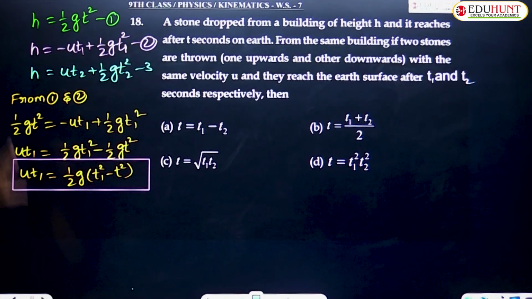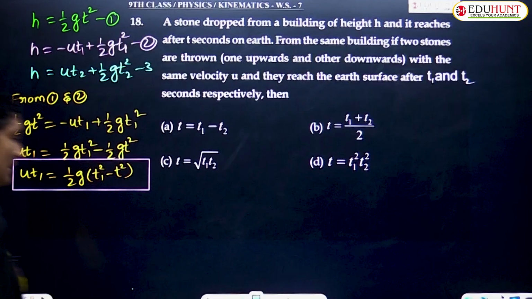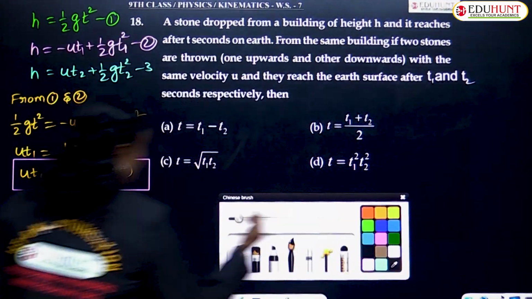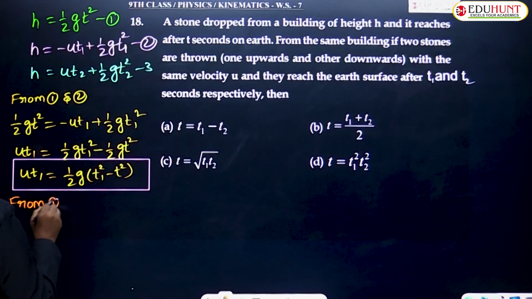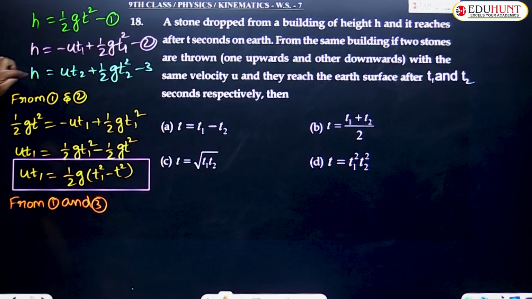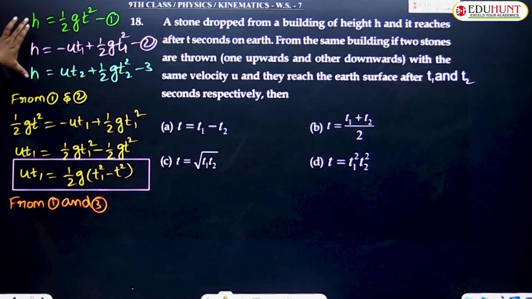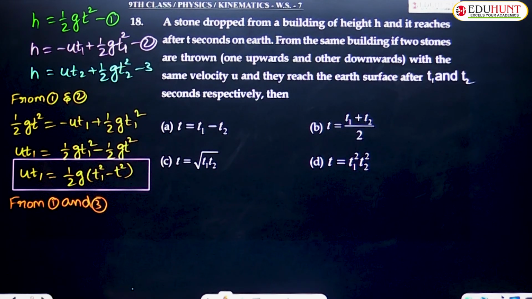Similarly, let us also equate the smaller value equation 1 and the bigger value equation 3. So the next step would be something like this. Again, from equation 1 and equation 3. Here also if you compare, left hand sides are equal. So left hand sides are equal means again equating right hand side.